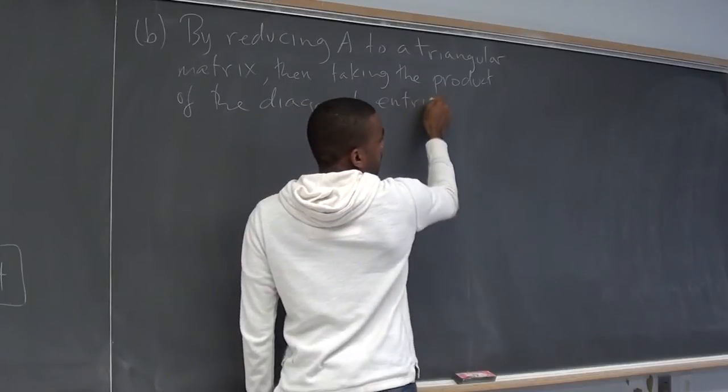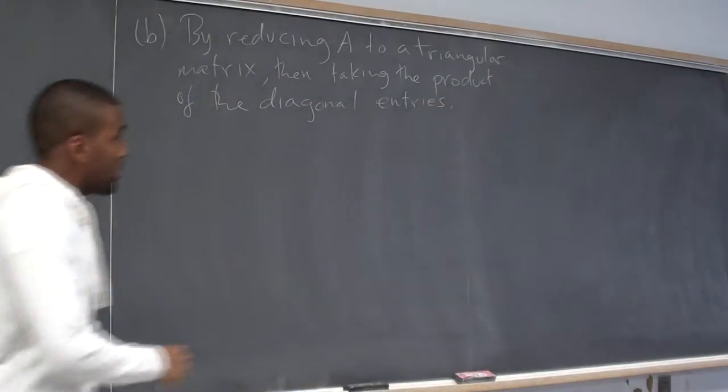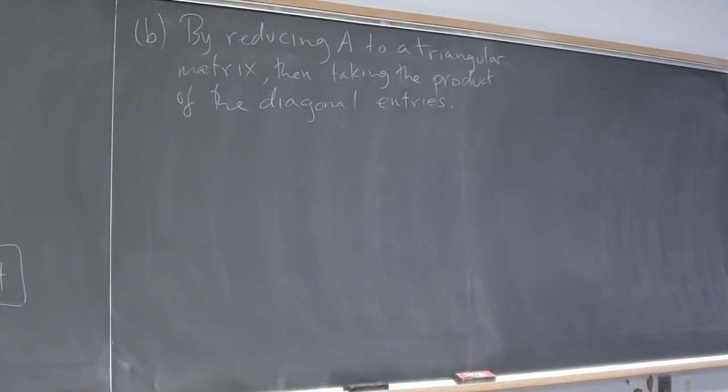We learned that if you have a triangular matrix, all you have to do to find the determinant is multiply along the diagonal, and that gives you the determinant.